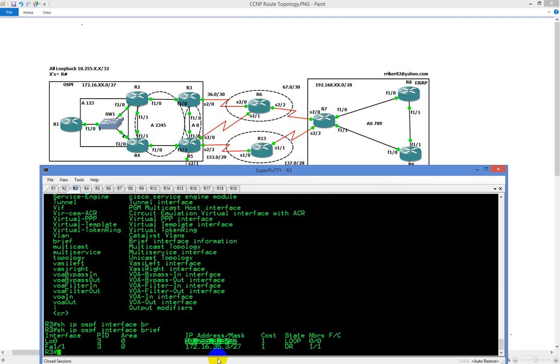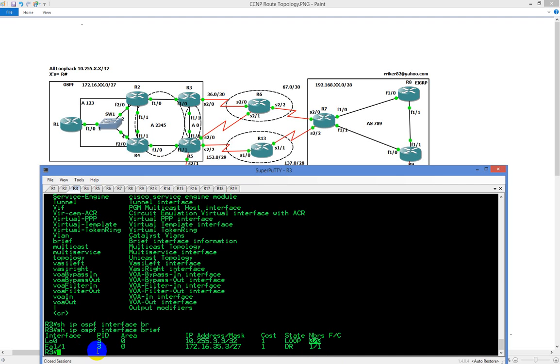This is the network mask that I'm advertising. The cost is 1. It's in loopback state, because we used interface loopback 0. OSPF automatically will detect that and give it the loopback state. We have 0 neighbors and no full connections.